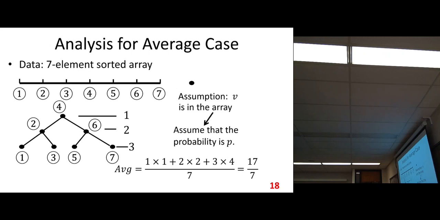Another possibility: sometimes I may assume the probability is P, not 100%. I give you P, say 70%, and then I ask you some questions. Also think about that. Using linear search, we did that with the probability P, so we have that formula.